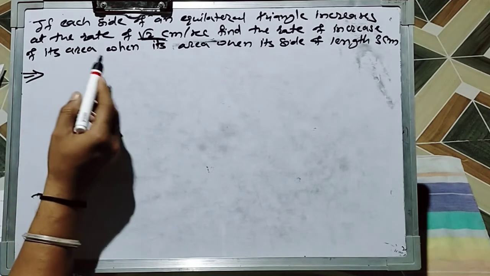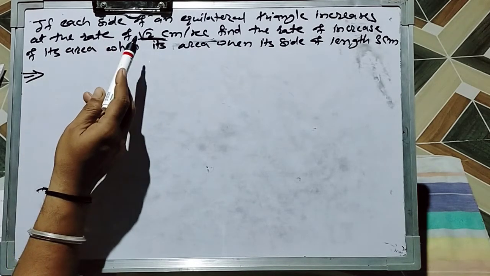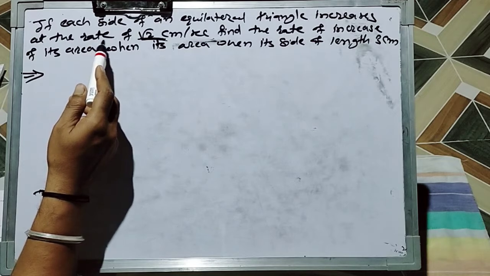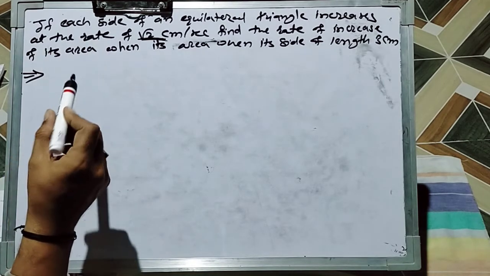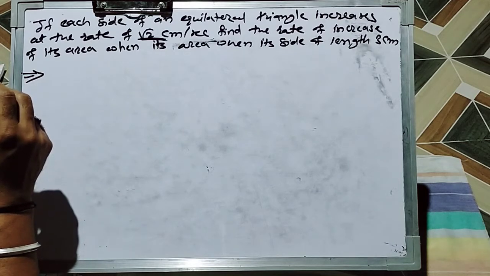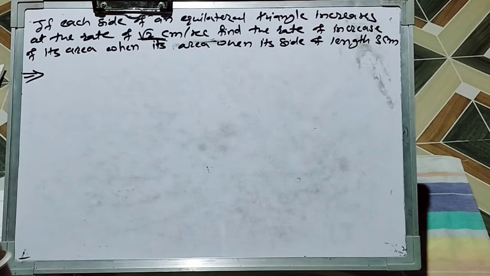So here given is the rate of change in side. First of all we consider the side of an equilateral triangle and the area of an equilateral triangle.